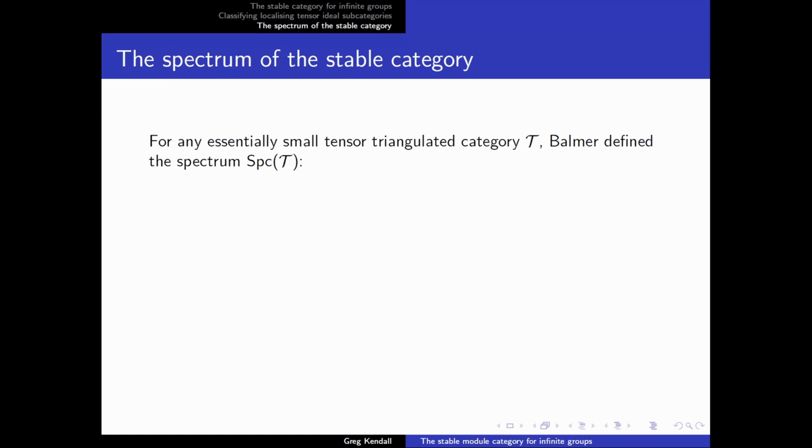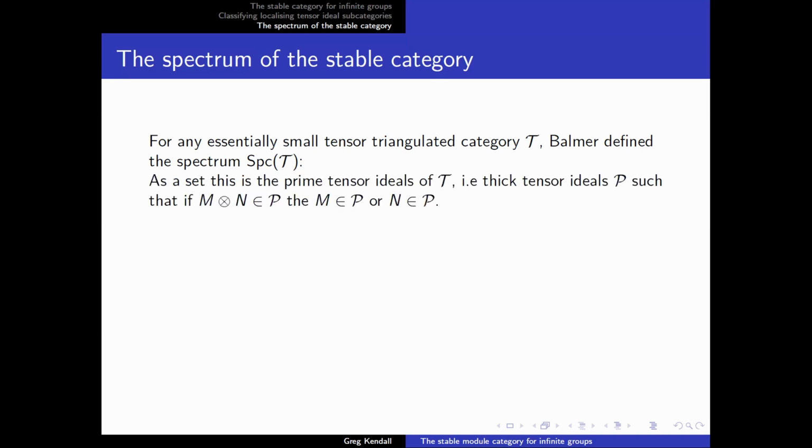It's literally like the spectrum of a ring of prime ideals. You look at proper tensor ideals which have a primality condition with the tensor product: if M tensor N is in P, then either M is in P or N is in P. So this is a set, just these prime ideals, and he puts a topology on it, which I won't go into.